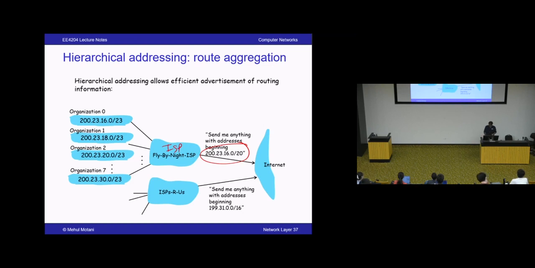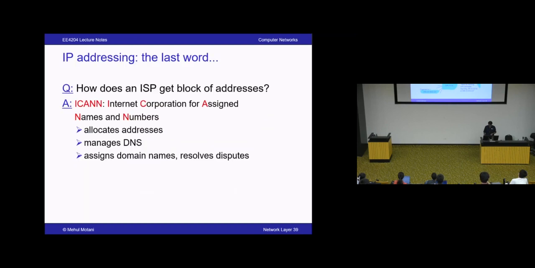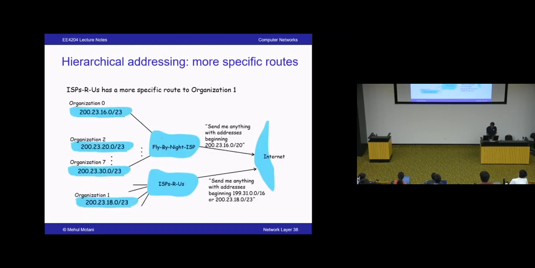Now, you could also have, so this was my original ISP. If, for example, organization 1 wants to have a more specific route, it can do that through another ISP. It just has to keep track of or advertise the /23 route. Right? You see that, right? So the original ISP just has to advertise the /20 route. If I want a more specific route to one of the organizations, it can advertise a longer prefix.